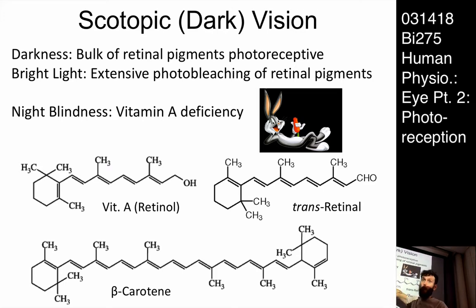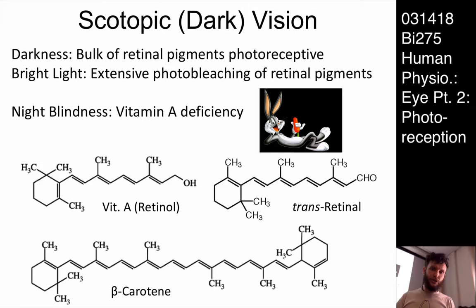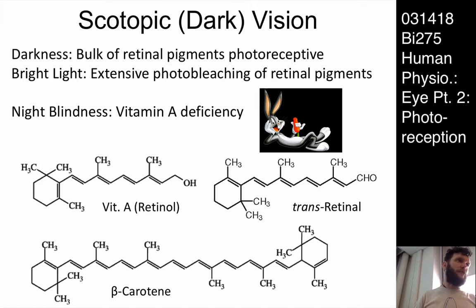We just add water across that double bond, and in so doing, create 2 molecules of retinol. So eat your carrots, everybody. Beta-carotene is a chromophore. It looks orange. It's what gives food their orange color, or it's also in spinach and things like that.